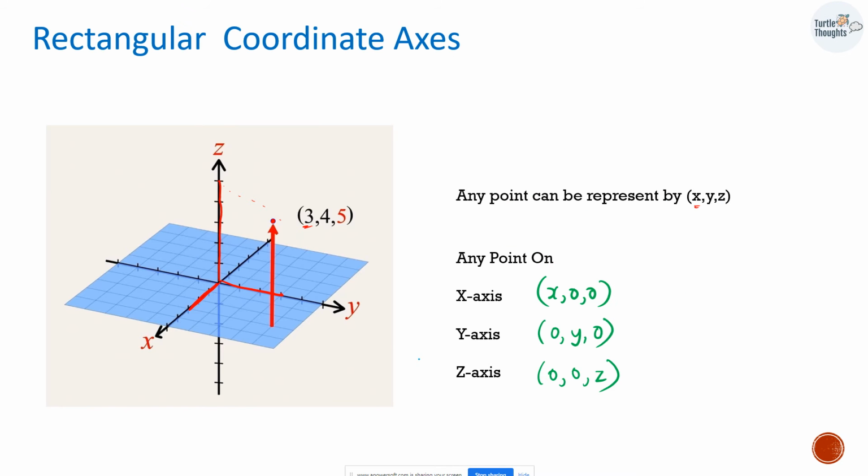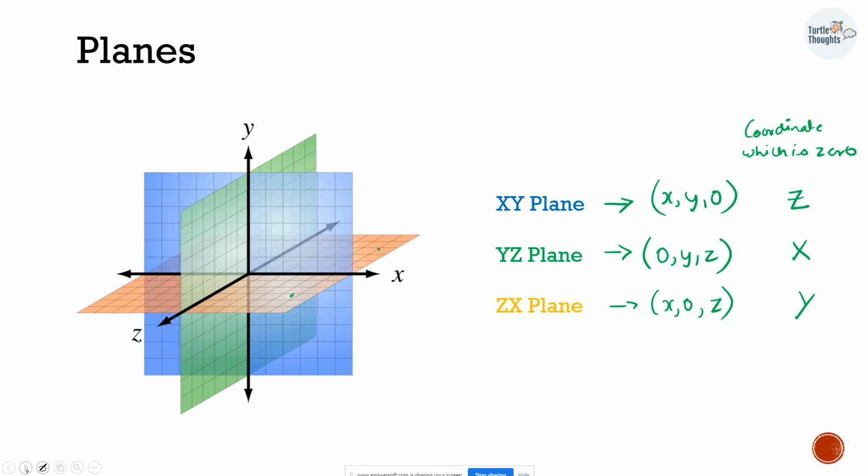If any point is on the x-axis, what are its y and z coordinates? If any point is on the x-axis, that point can be represented as x comma 0 comma 0.